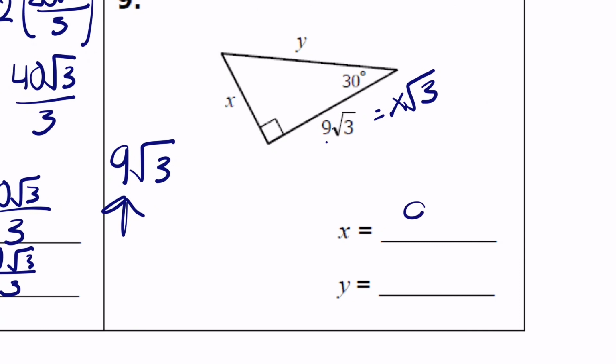So x just equals 9. Because 9 square root of 3 is equal to my shorter side, x, times the root of 3. Lucky for us, if I divided both sides by square root of 3, it'd cancel and x would equal 9. Oops, I didn't mean to delete that. There we go. And then you can use that to find y.